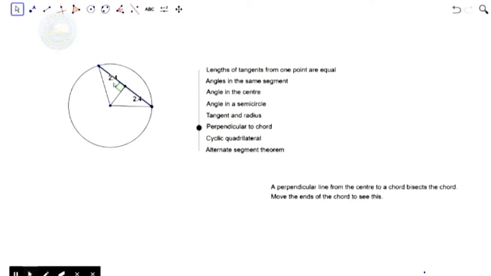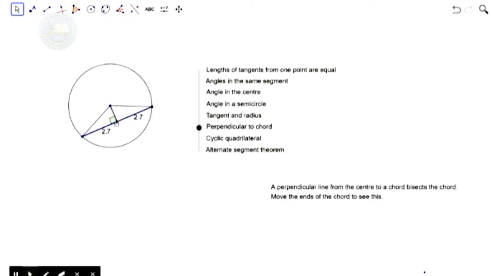And what that means, if we have our chord here, this blue line again is our chord, and we were to draw a perpendicular line from the center to the chord, then this line right here is known as the perpendicular bisector.